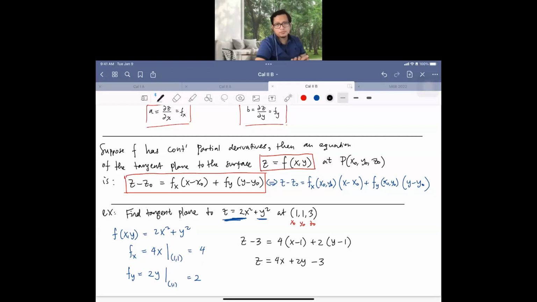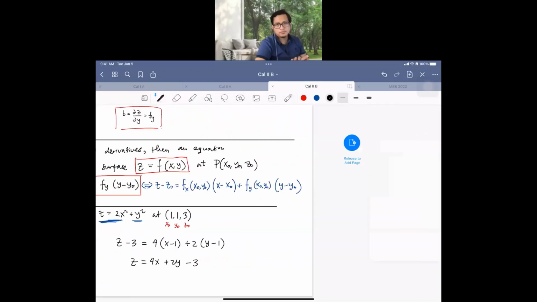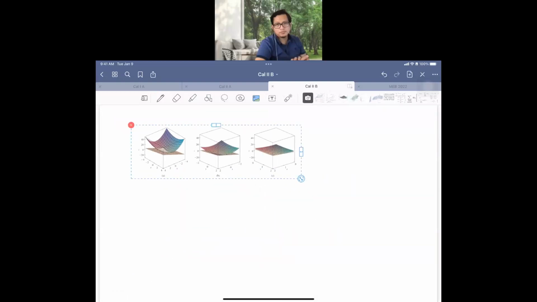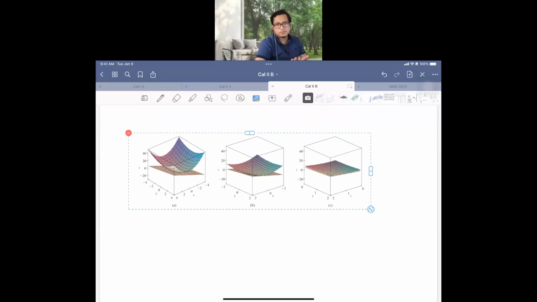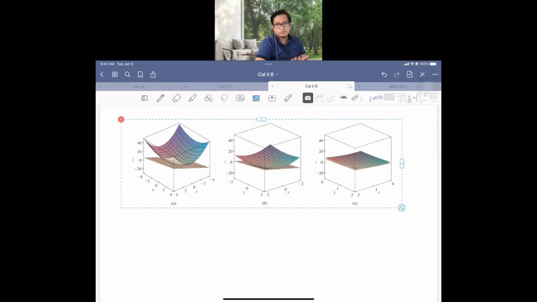Okay, I will give you a graph. So this is actually the paraboloid that we are evaluating.